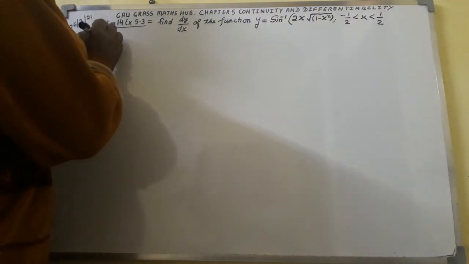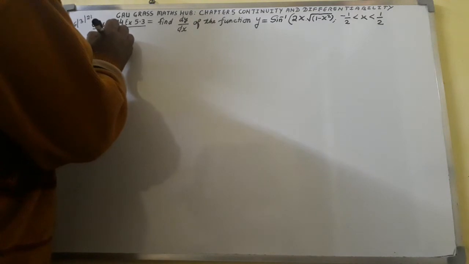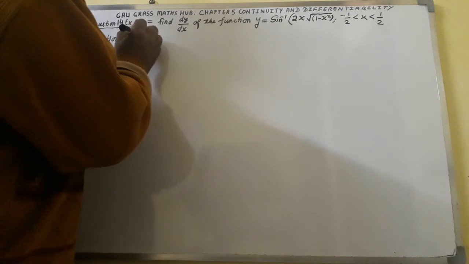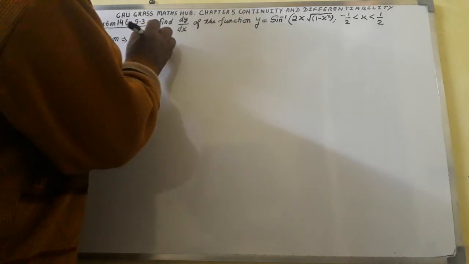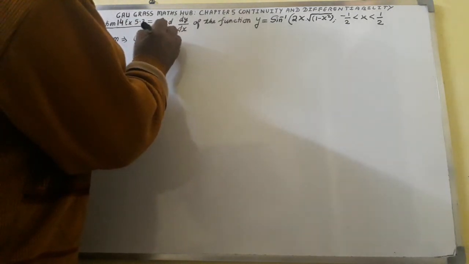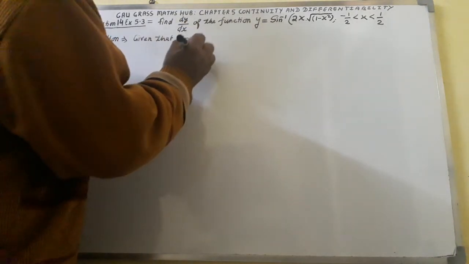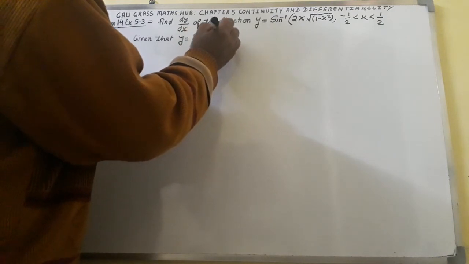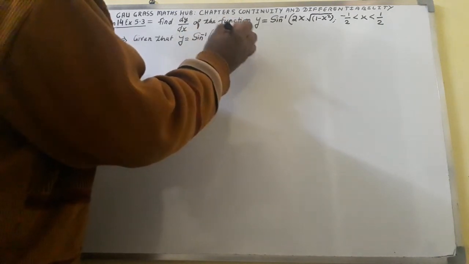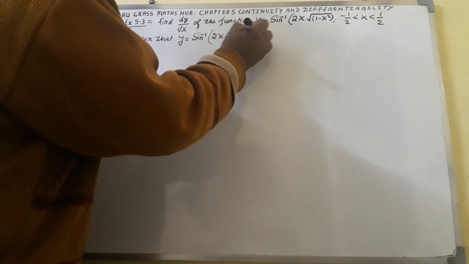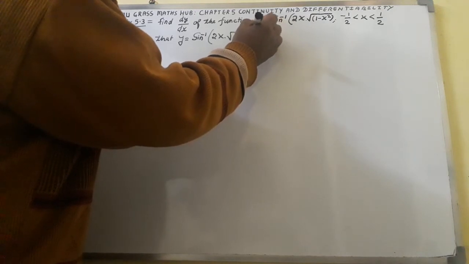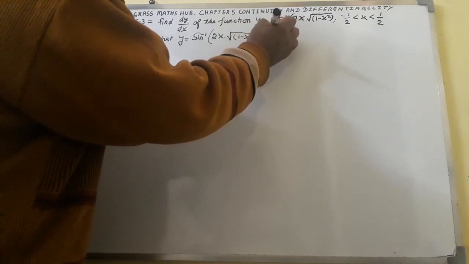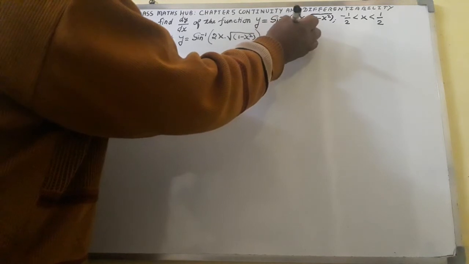Here I shall write the solution. Given that y equal to sine inverse of (2x times under root 1 minus x square), minus 1 over 2 less than x less than 1 over 2.